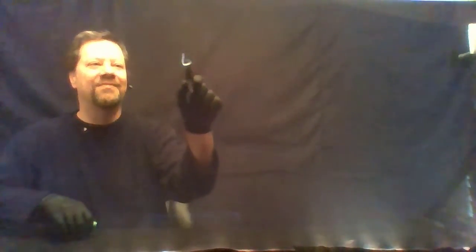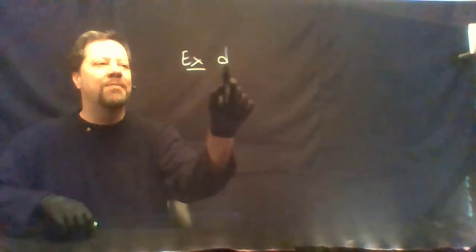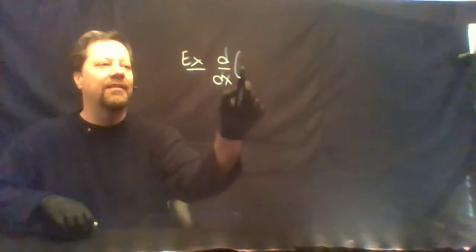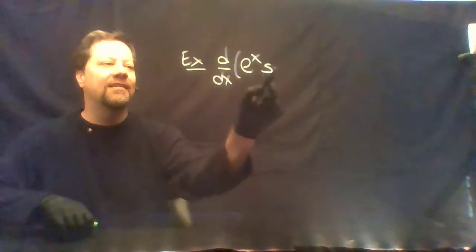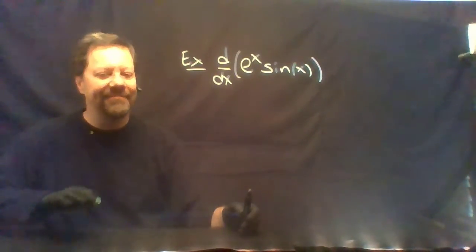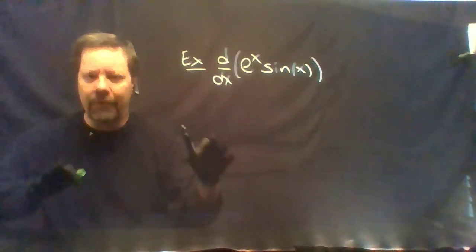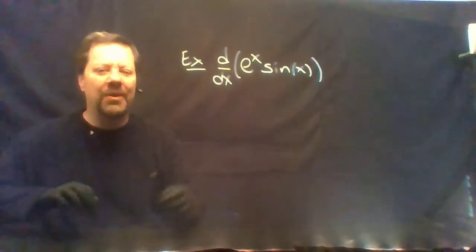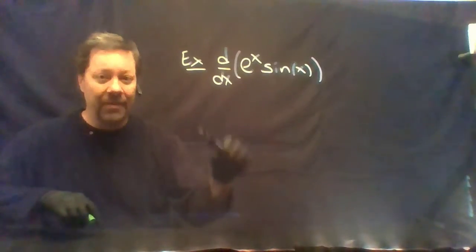For example, suppose we're taking the derivative of e to the x sine of x. We'll do this kind of in a long form on this example. You don't need to do all of these steps in your own work.